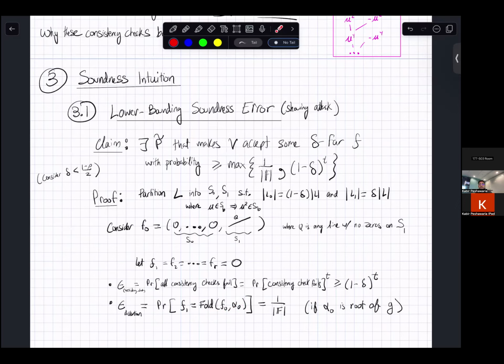This is some maniacal case where all of a sudden I folded this with your folding challenge, and now the actual result of that fold is the all zeros code word. And this happens with probability of 1 over the size of the field. There's one folding challenge where this will happen in the entire field, and that's specifically where alpha 0 is a root of Q, this line that we drew.